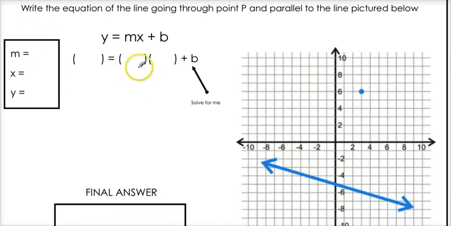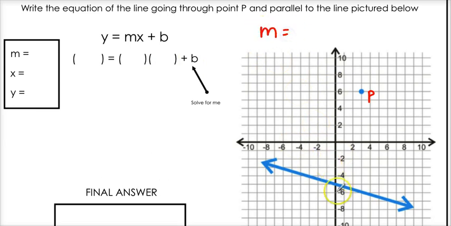In this equation, you'll notice here, we're going to write the equation of the line going through point P, which is right here, and parallel to the line pictured below. Well, this is exactly what we've been doing, but instead of giving us the equation and giving us the point, it's pictured, right? So to find our slope and our point, we just have to write it down. So first, let's write down our slope.